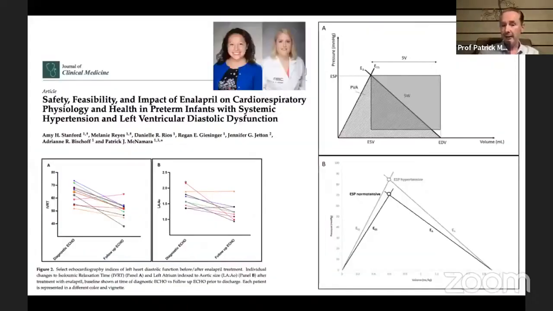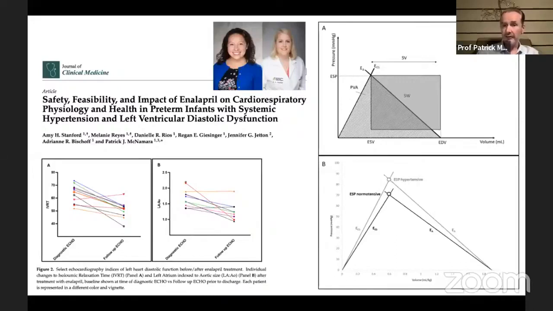Our understanding of the relationship between systemic hypertension and heart and lung maladaptation is really at its infancy. Some work recently conducted by Amy Stanford and Melanie Reyes at the University of Iowa provides some insights. They looked at a cohort of infants with BPD and elevated pulmonary vascular disease.